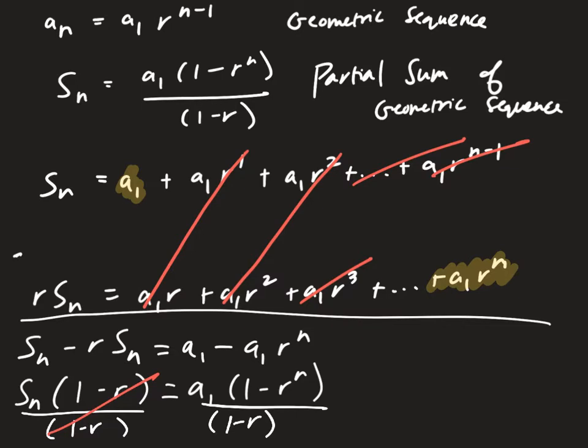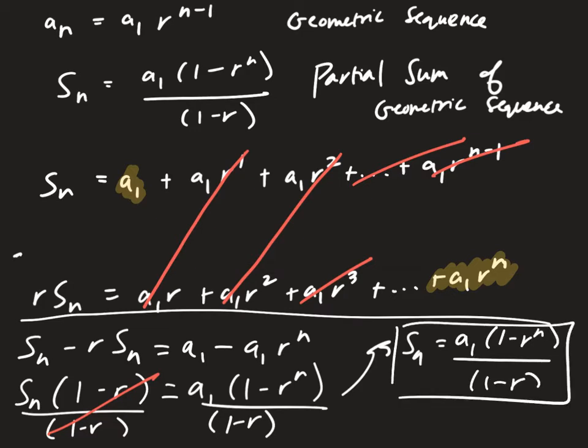Okay, so when I do that, all I'm left with is s sub n equals everything on this right-hand side, right? A sub 1 times 1 minus r to the nth power over 1 minus r. That looks pretty similar to what we wanted originally, right? This looks like our partial sum formula.